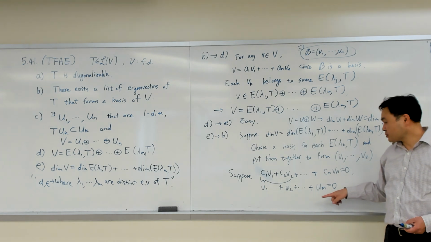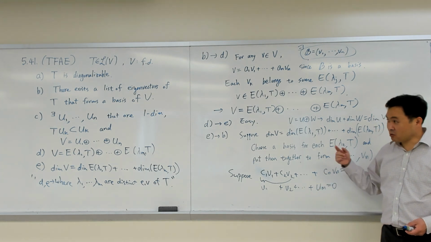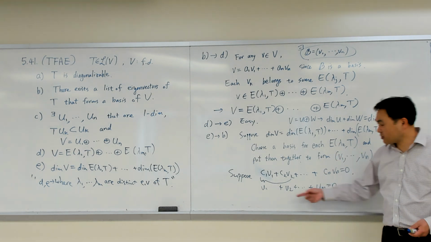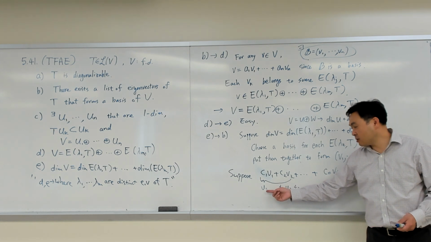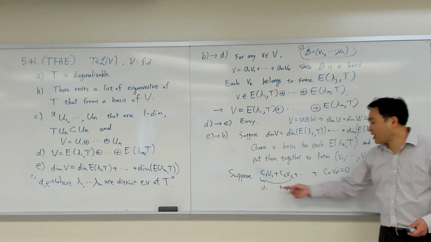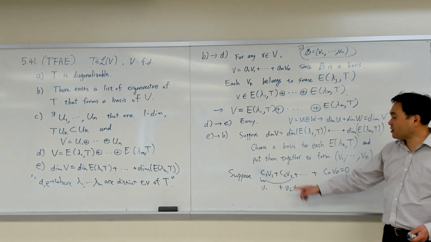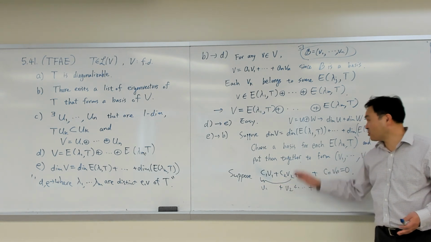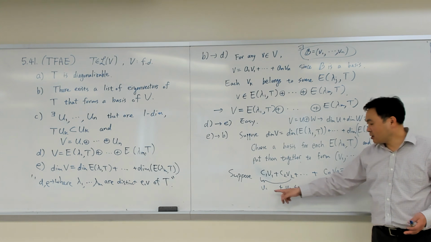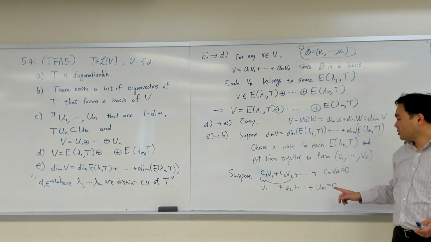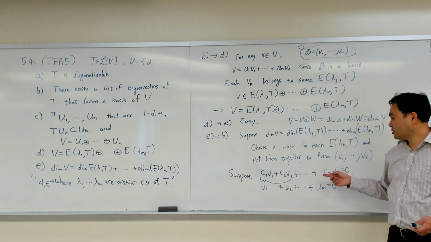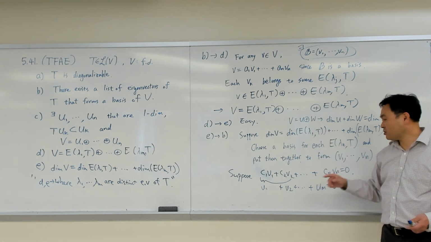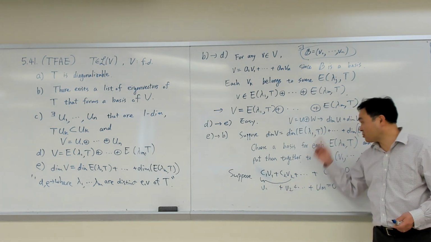So we learned before that in that case, first of all, these are eigenvectors because these are non-zero. If they are non-zero, then they're eigenvectors, and they are eigenvectors of different eigenvalues.